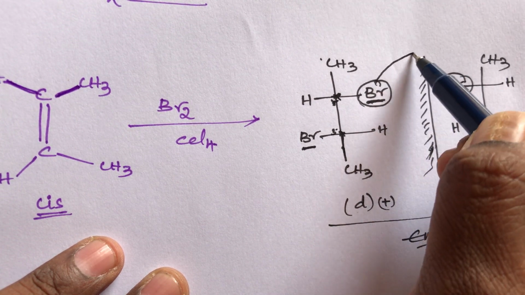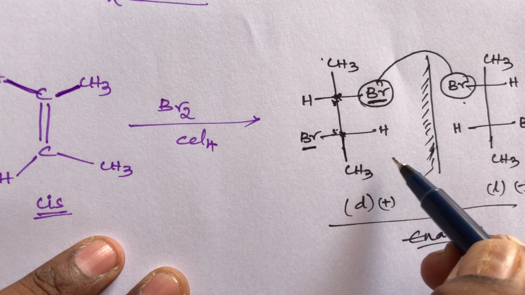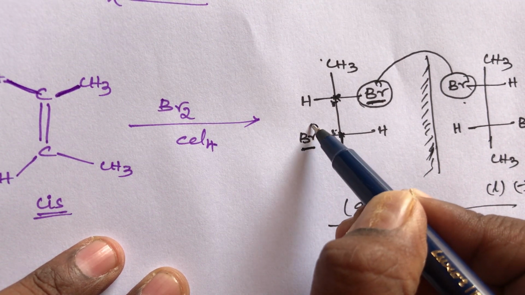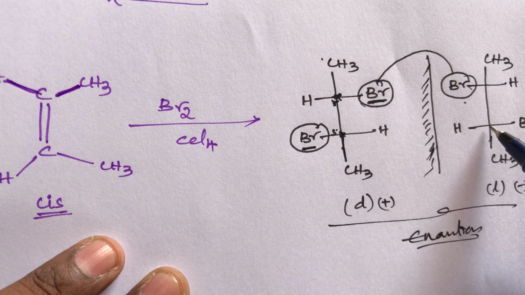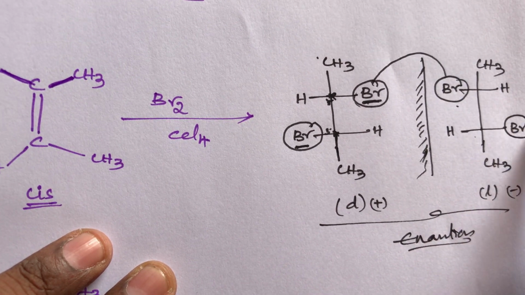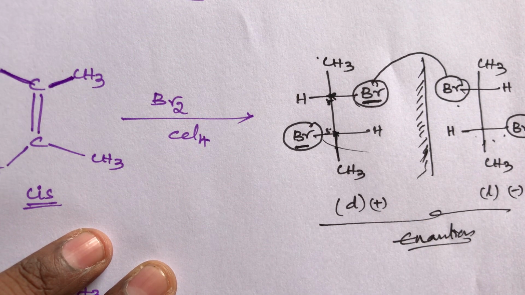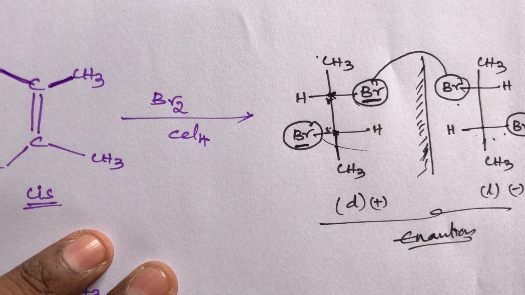These both are mirror images to each other. But in the third chiral carbon, the bromine is present on the left hand side in the first structure, and in the second structure, bromine is present on the right hand side. Since both are mirror images to each other, these both compounds are enantiomers. Cis-2-butene will undergo anti-addition reaction. It forms a racemic mixture.